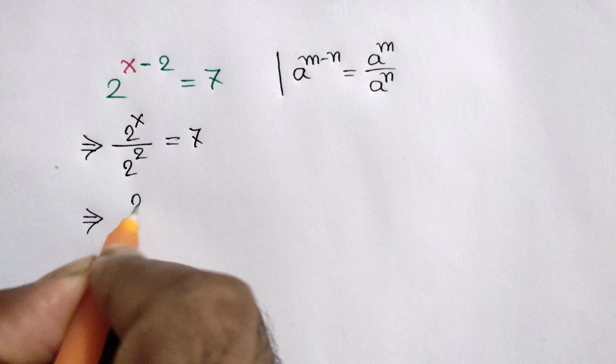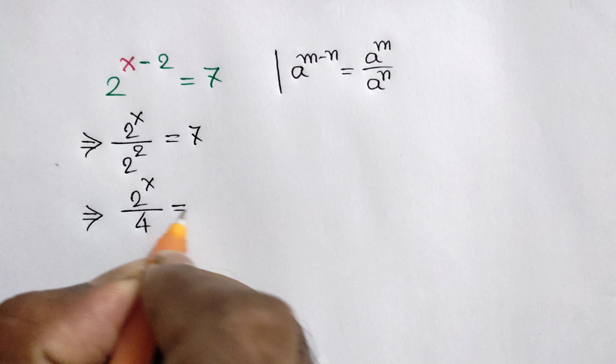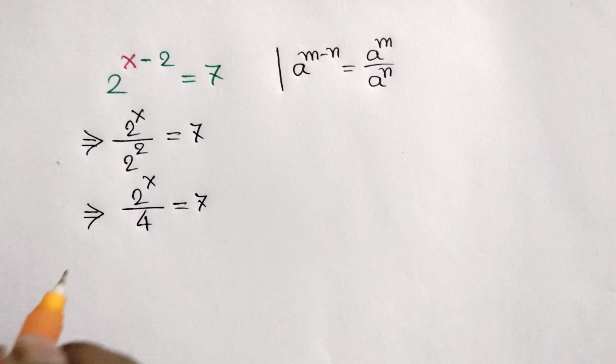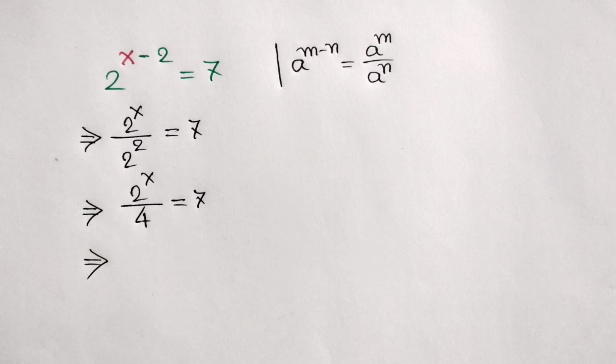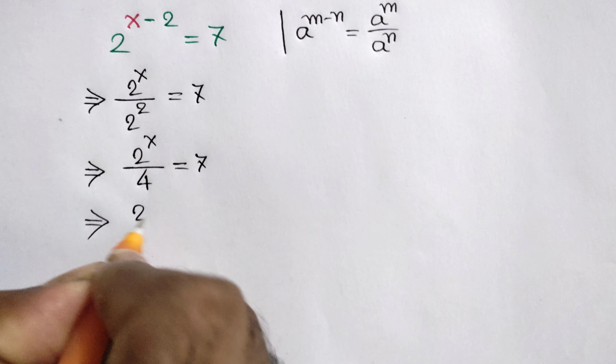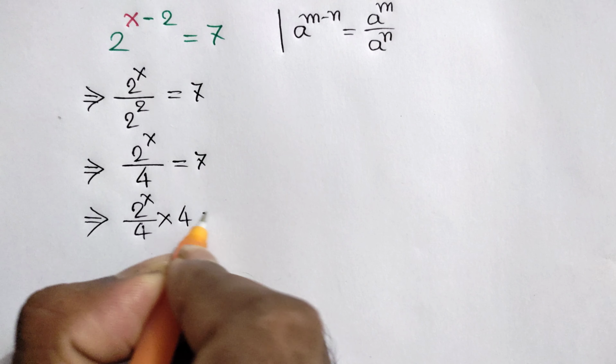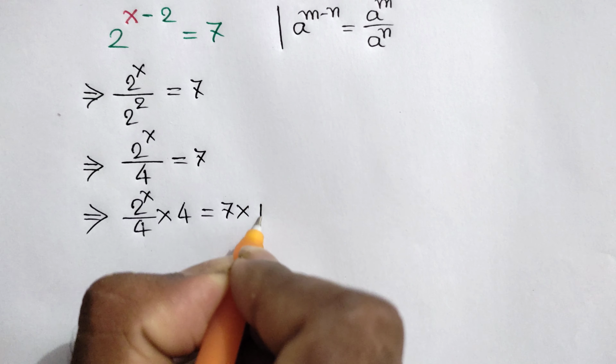or 2 to the power x over 2 squared, which is 4, is equal to 7. Now multiplying both sides by 4 we can write here 2 to the power x over 4 times 4 is equal to 7 times 4.